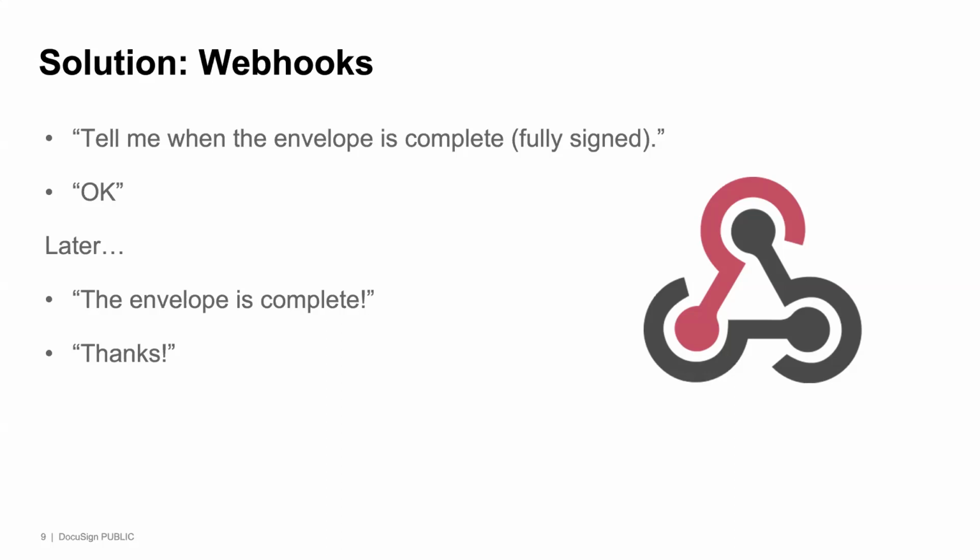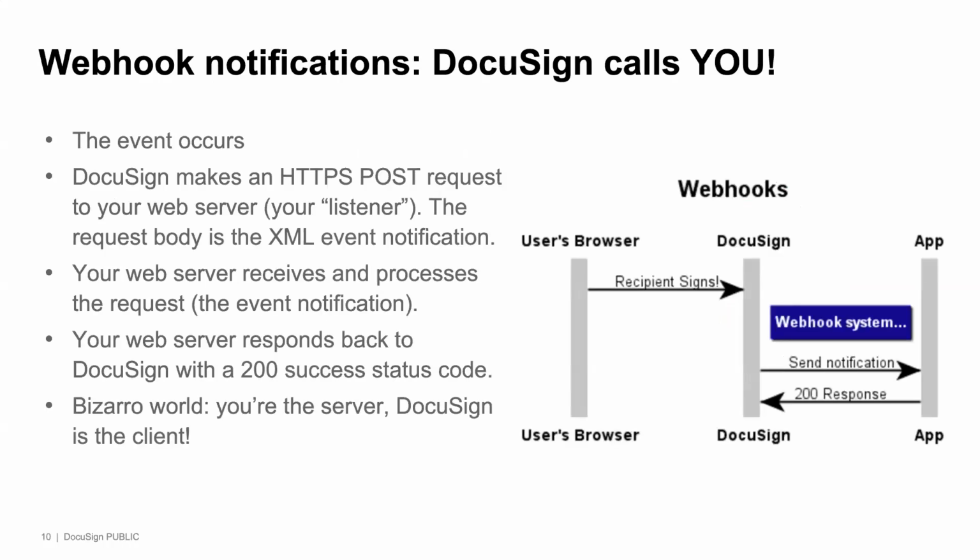Later on, the notifications are sent to your program with an HTTPS POST request. And so this is the bizarro world issue, which is that DocuSign is calling you. So now you are the server, and DocuSign is effectively a browser. Of course, it's an automated system. There's no human browsing to your computer, but DocuSign, in fact, is acting as a browser.